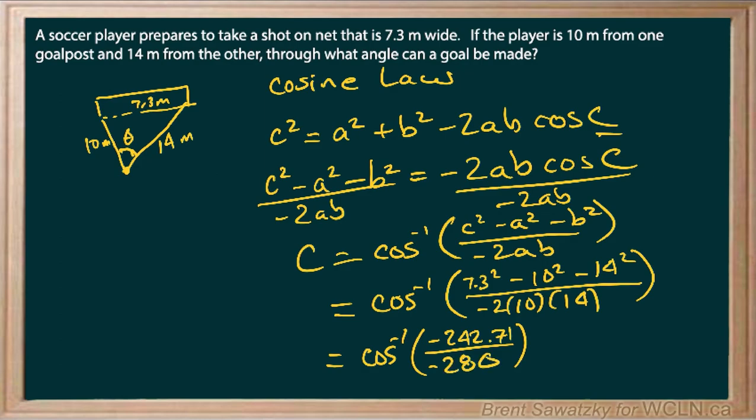And so they're both negatives, so we end up with a positive there. Let's do one more step here, just so you can check yourself if you wish, 0.867. And we do the inverse cos of 0.867, and we get 29.9 degrees, or about 30 degrees.